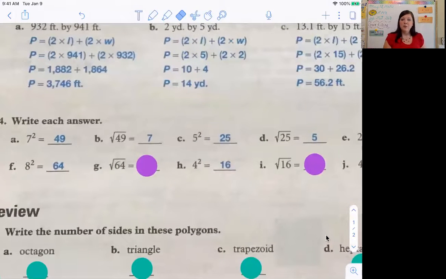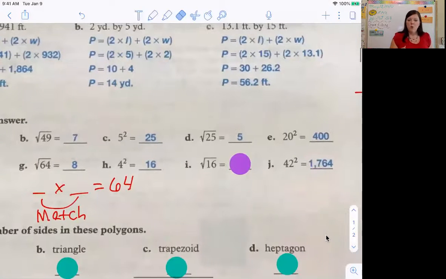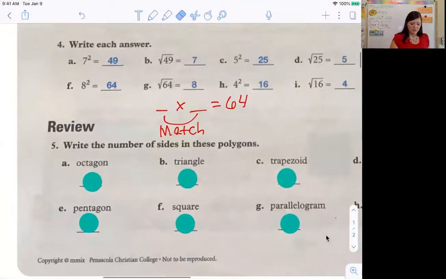Letter G, the square root of 64 equals, think, what times itself is equal to 64? And these have to match. They have to be the same. 8. The square root of 16 is 4. Okay, remember squares and square roots are opposites of each other.